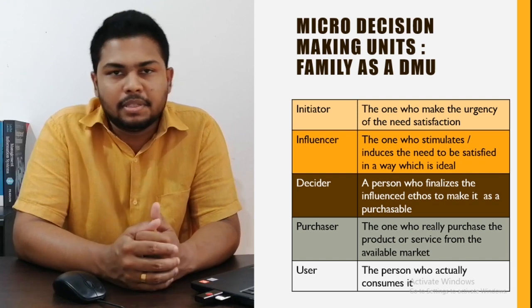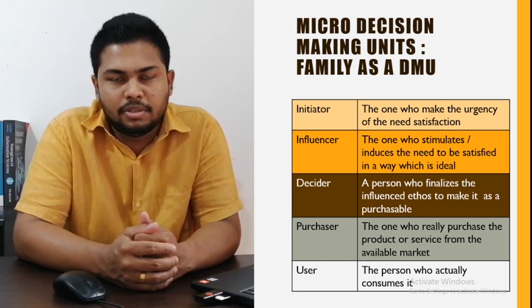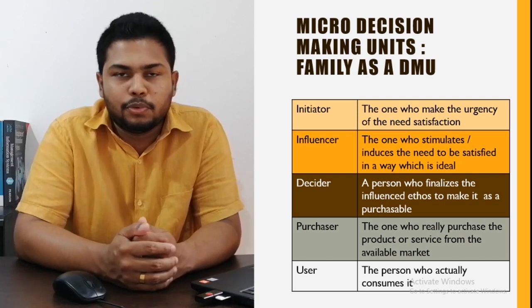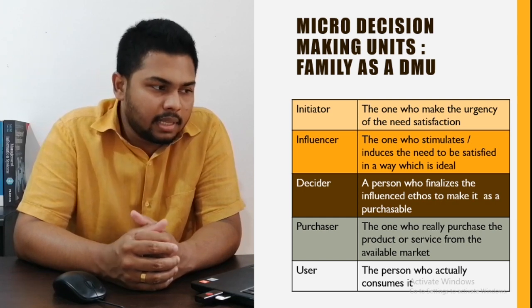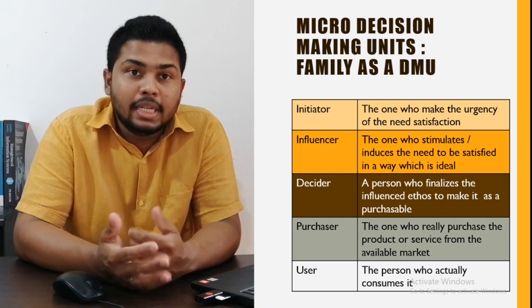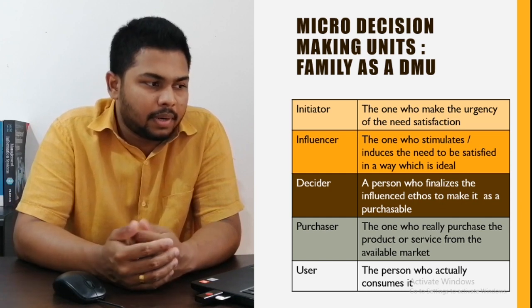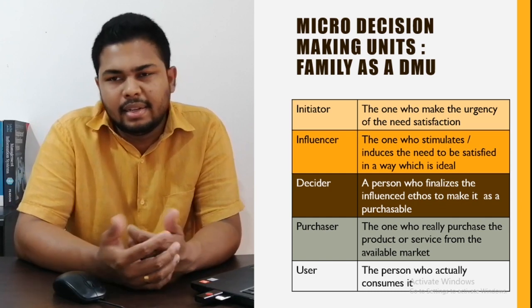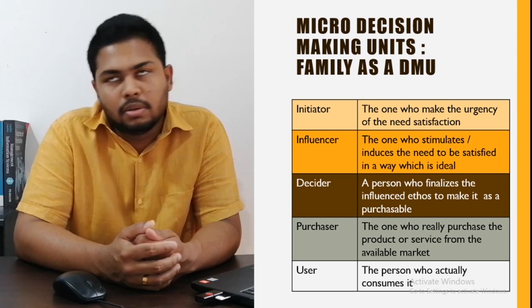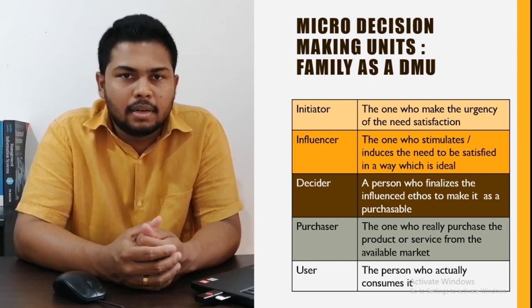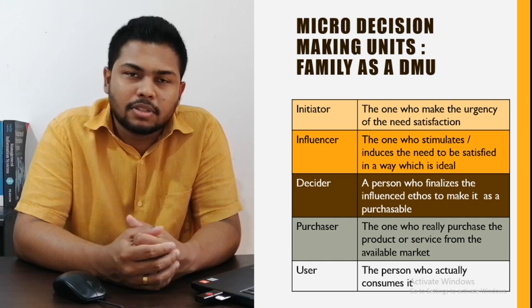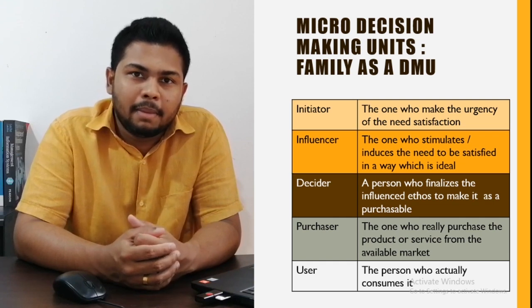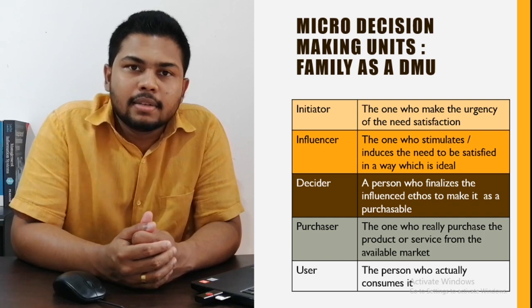In making the purchase decision in your family, the consumer decision making, there are five types of forces influencing this decision making. The first one is the initiator, who is going to initiate this. As an example, the one who creates the urgency of this need. For this example, we'll take an instance of a baby who wants to eat a chocolate cake, right?